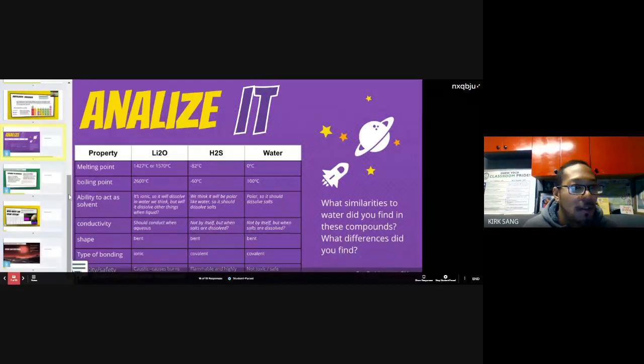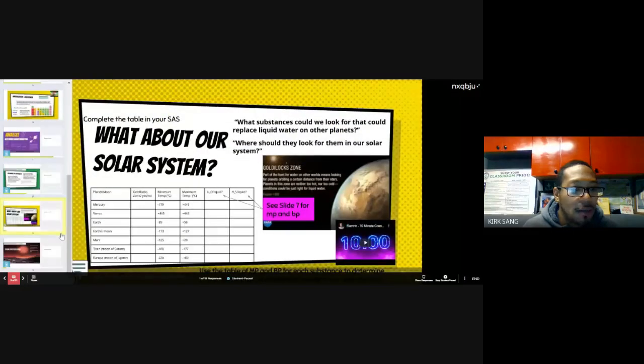Usually this will be an internet search. And you're gonna need this for slide number 9 so that you can respond to the prompt on slide number 9 inside of your student activity sheet. You will not be required to draw this table out. What you will do is fill out where these planets are.